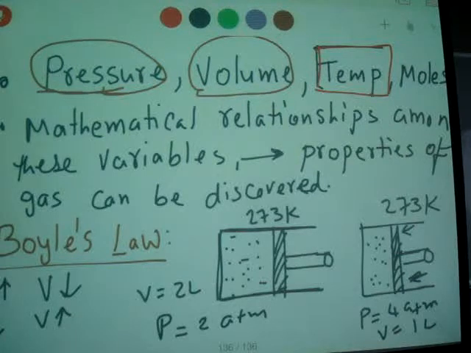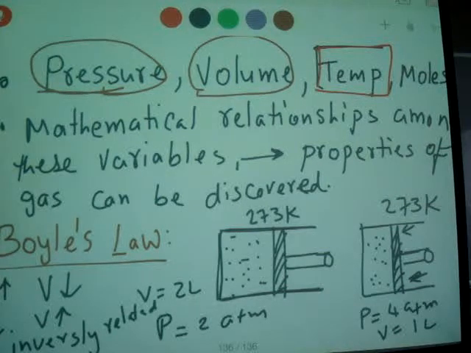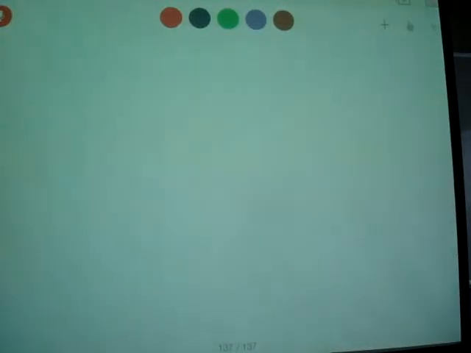So that relationship is an indirect relationship. Indirect means one increases, the other decreases, so they are inversely related. Based on this, he defined the relationship in mathematical form. Let me go to the next page.